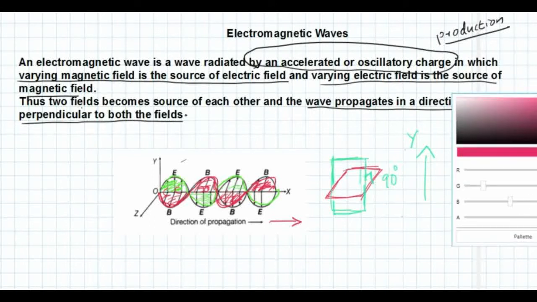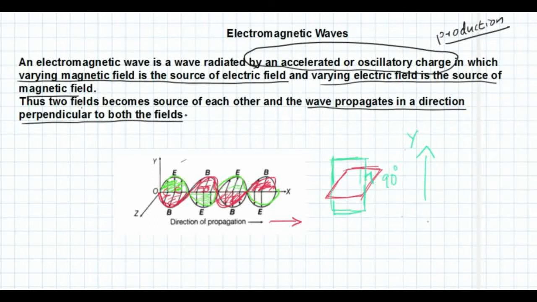So this is the Y axis, and perpendicular to it you have the Z axis. Then perpendicular to both Y and Z you can imagine the X axis. So actually this magnetic field is in this Z plane, and at the same time the electric field is in the Y plane, so it is perpendicular.